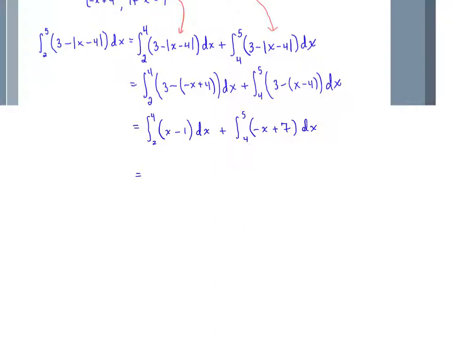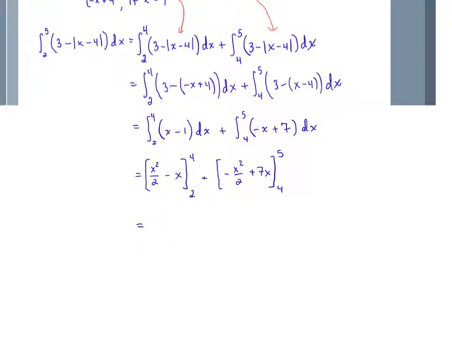So now if we integrate x minus 1, I raise the power, divide by the new power. Don't forget the grouping symbols, and this is from 2 to 4. Plus, again, negative x squared over 2 plus 7x now, evaluated from 4 to 5.